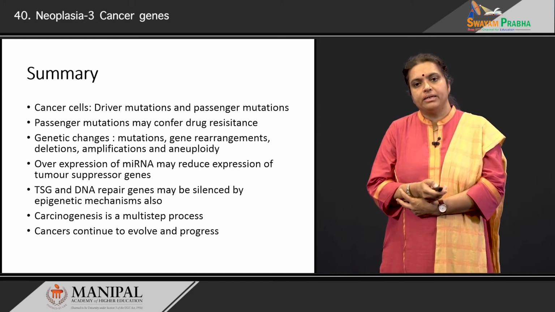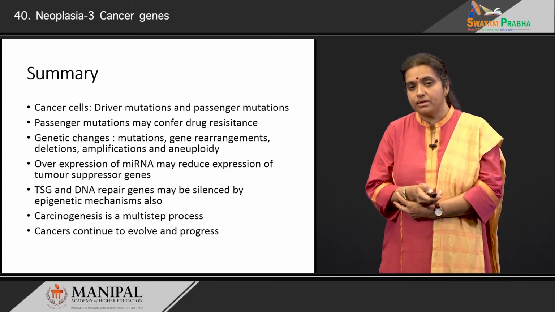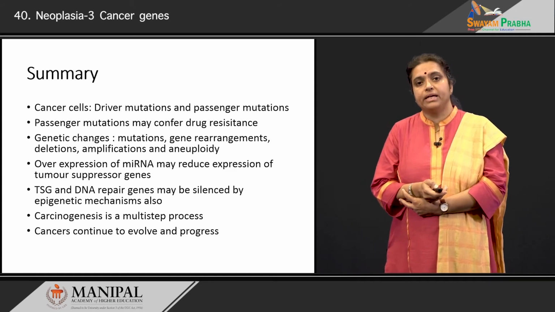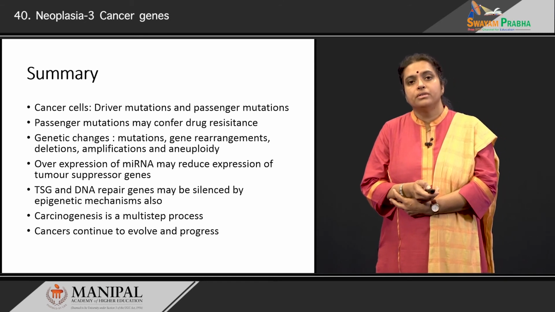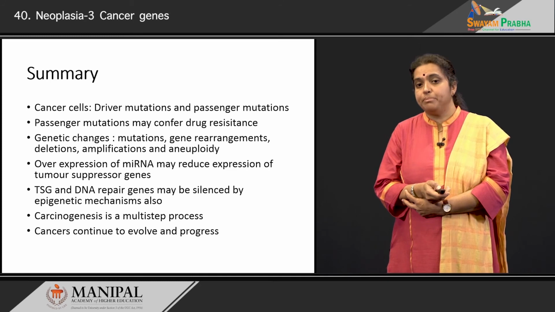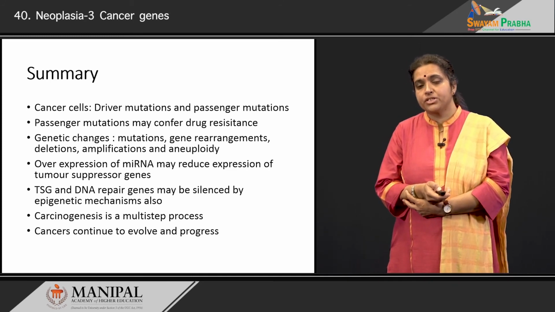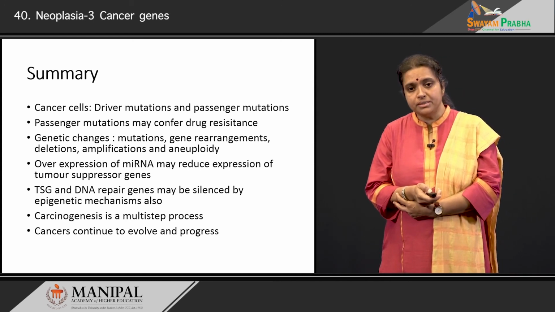Overexpression of microRNA may reduce the expression of tumor suppressor genes, because microRNAs normally are negative regulators of gene expression. Tumor suppressor genes and DNA repair genes may be silenced by epigenetic mechanisms also, like DNA methylation and histone modifications.